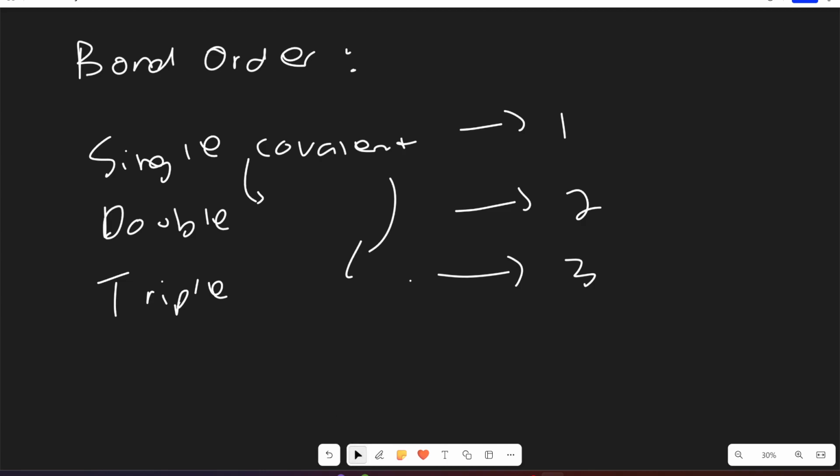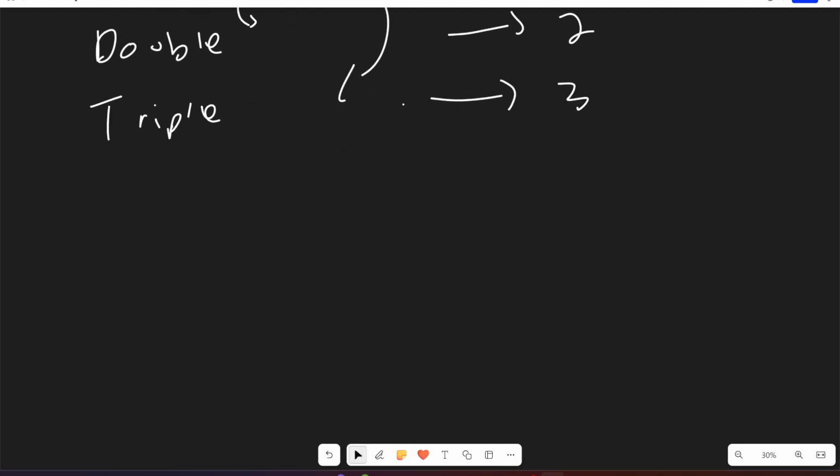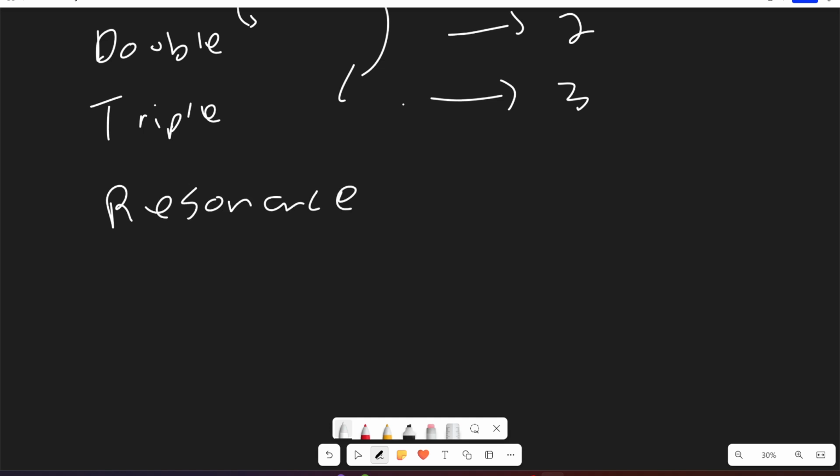And then for our resonance structures, it's really just an average. Depending on what we have, let's say that we have one that's triple and then one that's double. Well, then it's going to be 2.5.